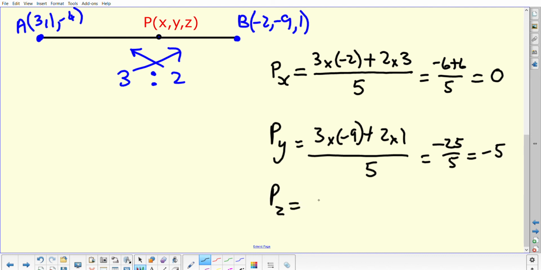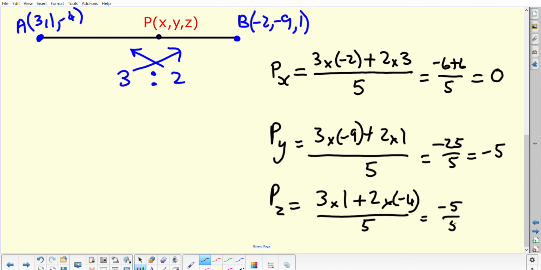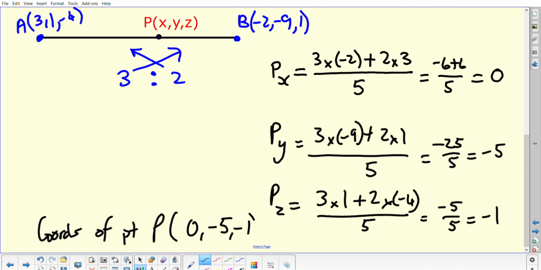Your z coordinate is then worked out by doing 3 times the 1 plus, you're going to have 2 times the minus 4 all over 5, and that gives you 3 minus 8 on the top there, which is minus 5 over 5, which is minus 1. So that tells us that the coordinates of the point P will be 0, minus 5, minus 1.